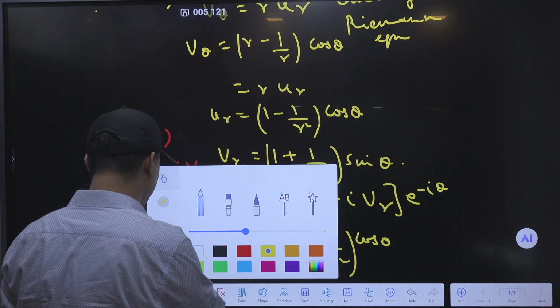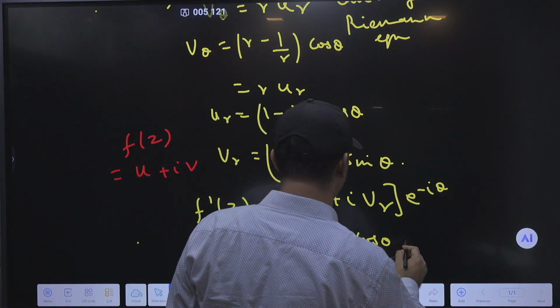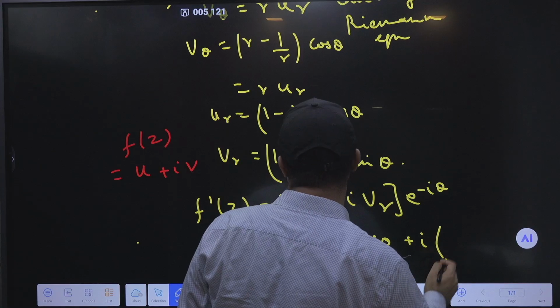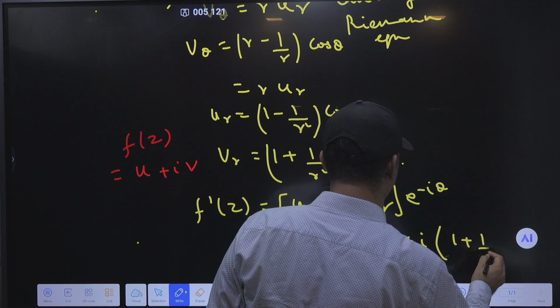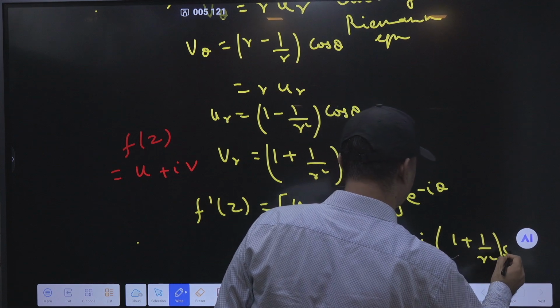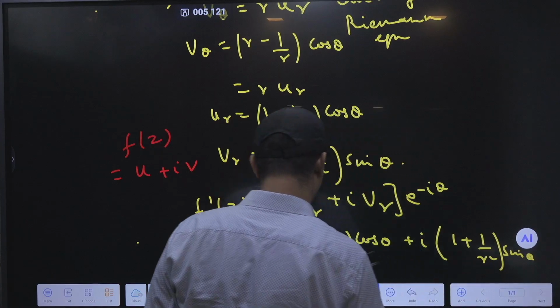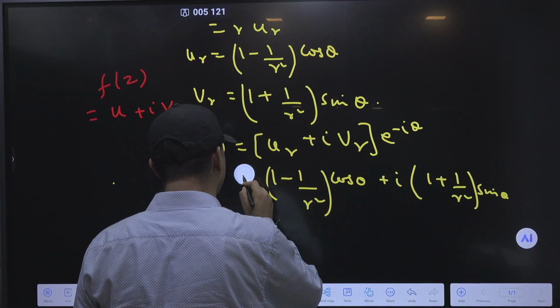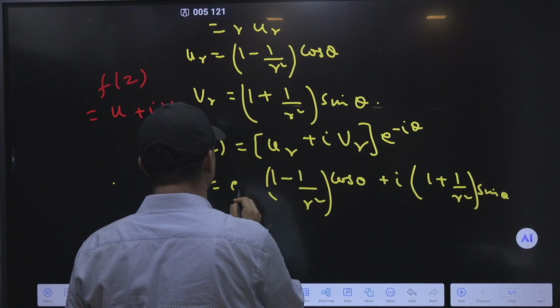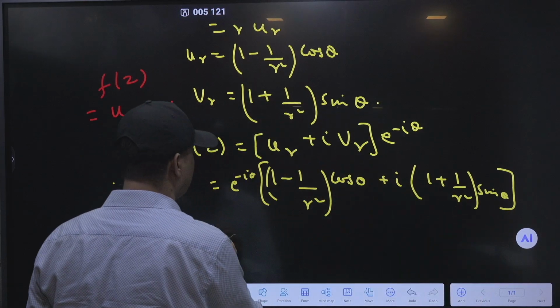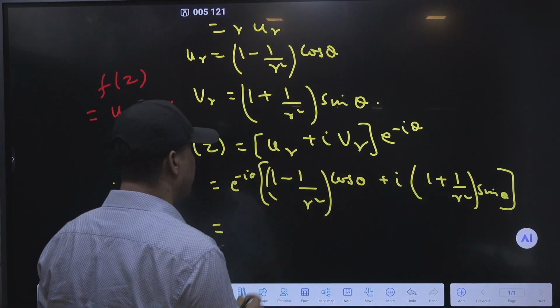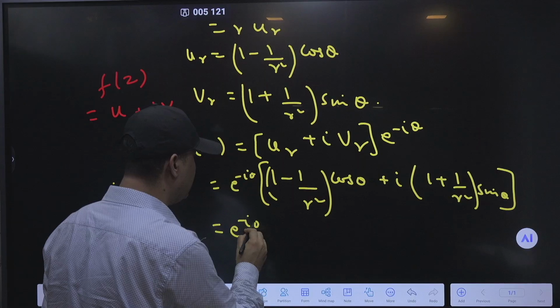All these things you have to keep in mind. So this can be written as i times V_r, which is (1 + 1/r²) sin θ. And with all of these, we have one thing, that is e^(−iθ). So I can write this as e^(−iθ).